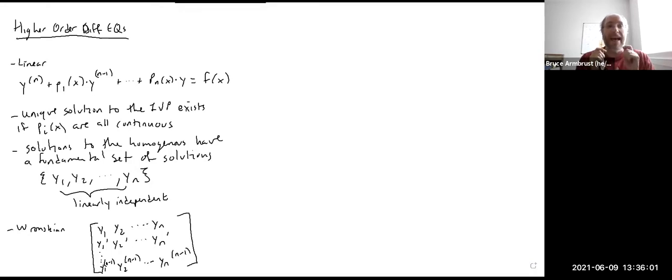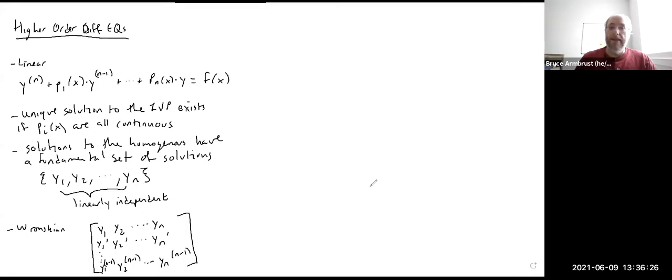But it's going to do the exact same thing as before, right? We know that there's going to be a unique solution if the determinant of this is non-zero. And that even comes back to the idea that these things are all linearly independent. So we're going to build the Wronskian the same way.